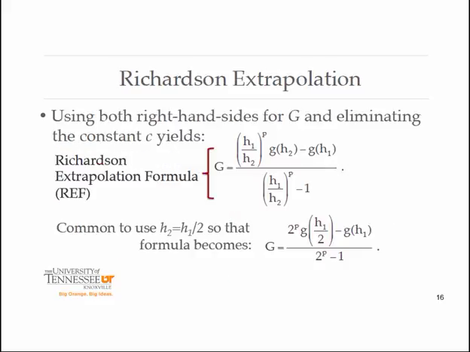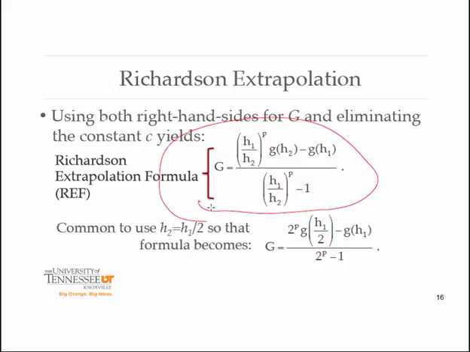So if you took those two expressions and used the right-hand side for this value of g that we're approximating and eliminated the constant, this would produce what's called the Richardson extrapolation formula, or REF.